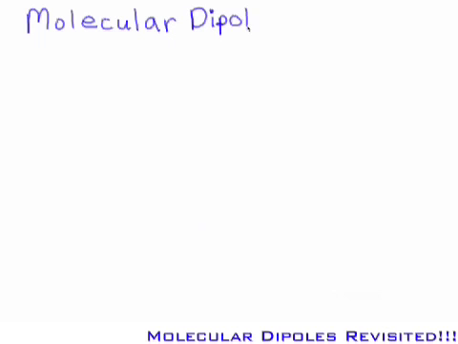And since hybridization gives us shape, hybridization will allow us to make certain predictions about a molecule's dipole moment.